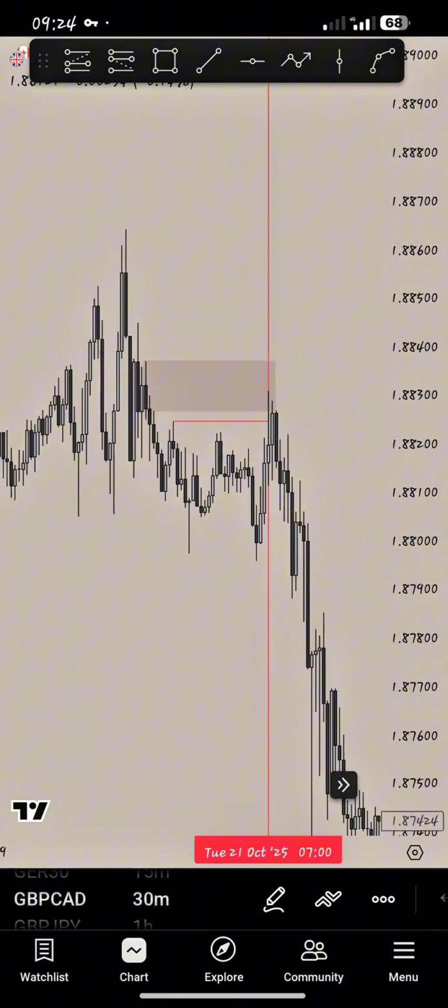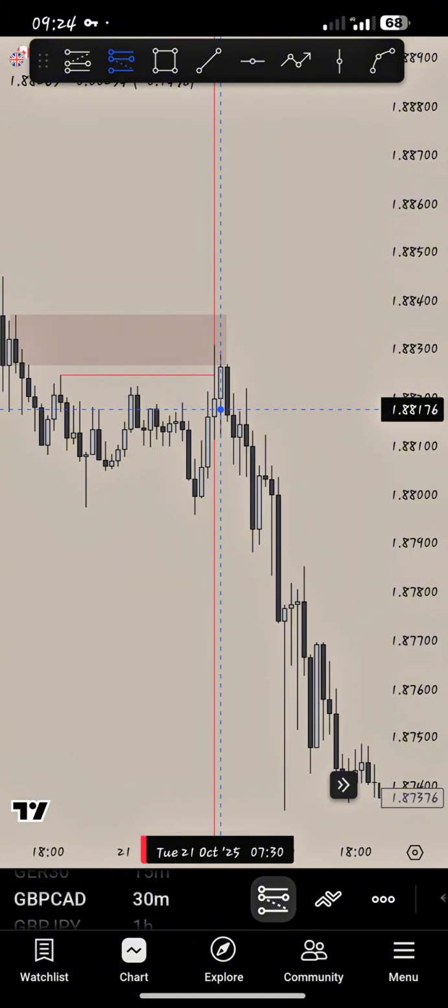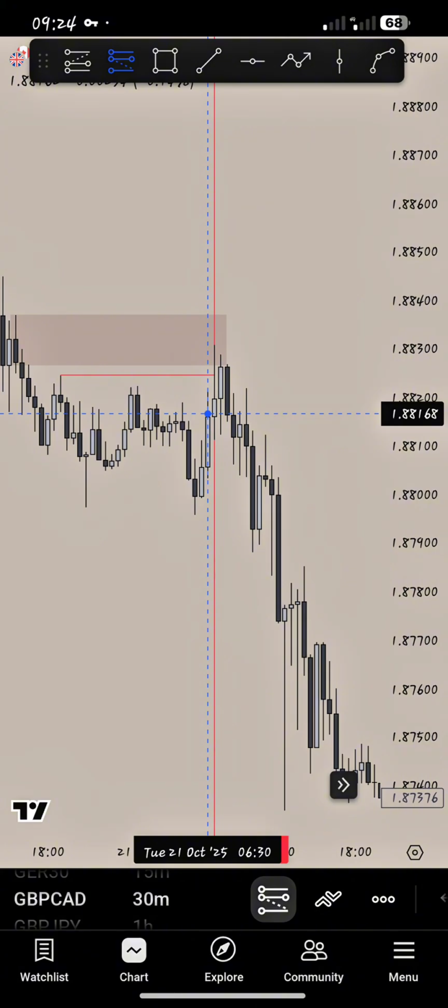That's my liquidity. So the next thing was that I waited for the market to close bearish. So the entry I had here was actually a flip, what we call a flip entry. That is, if the candle taps into the zone and turns bearish from the next 15 minutes of the 30-minute candle.